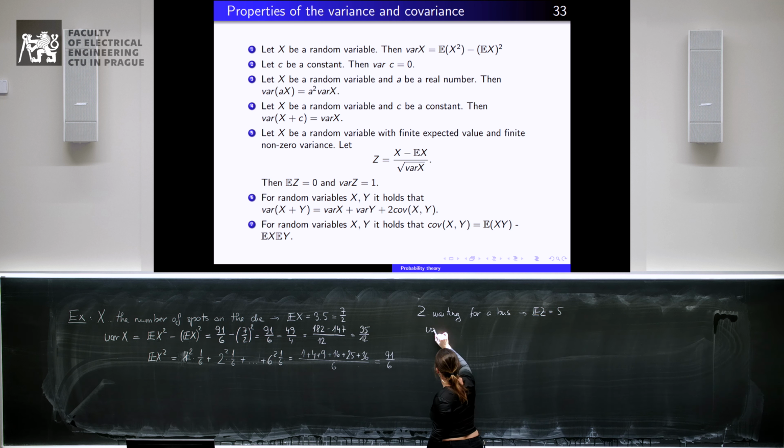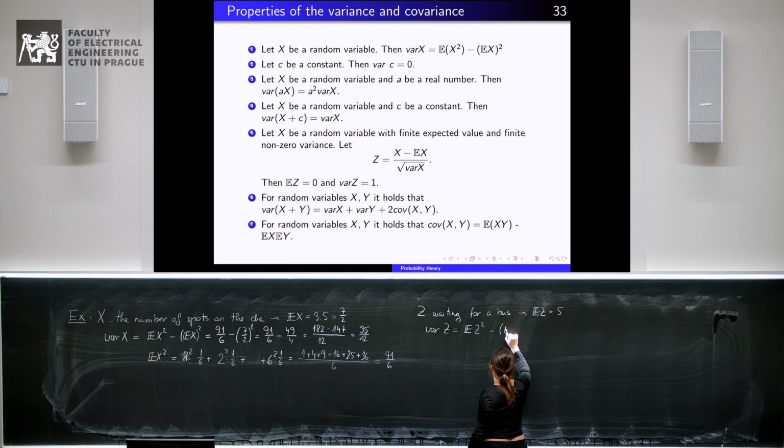Then the variance of Z is again equal to the expected value of Z squared minus the square of the expected value.